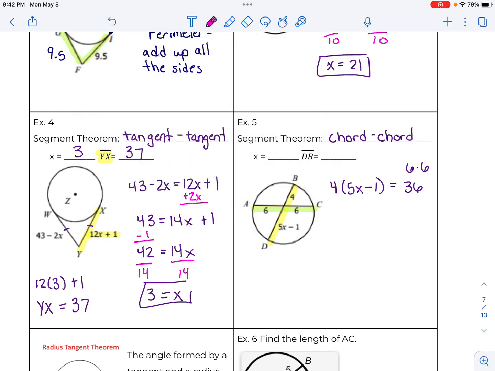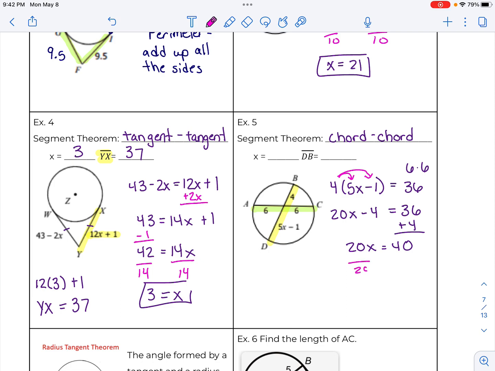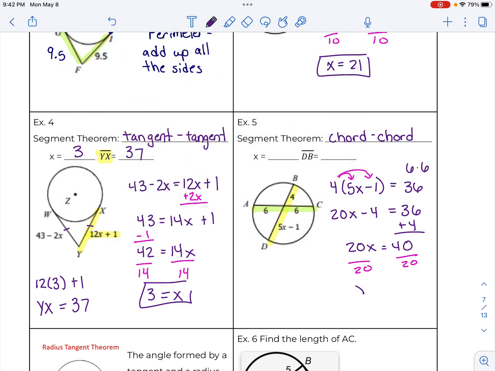We have to distribute 4 times the 5x and 4 times the negative 1. So we get 20x minus 4 equals 36. Going to add the 4 to the other side to get x by itself. So we have 20x equals 40. Now we'll divide both sides by 20. So 40 divided by 20 would be 2.